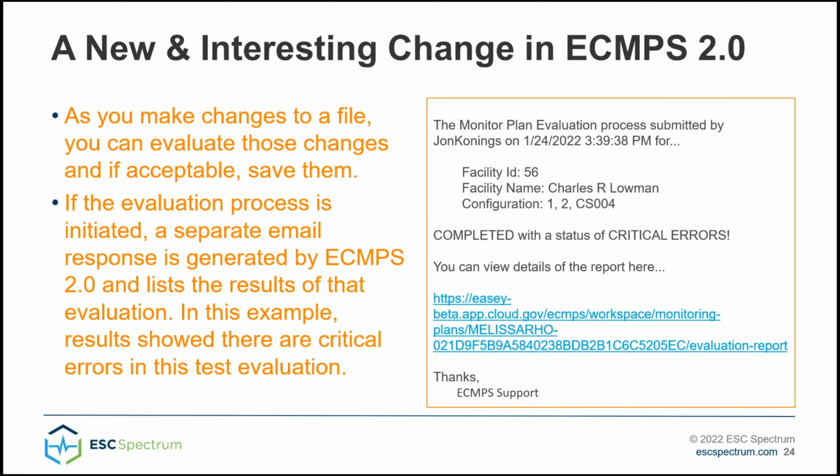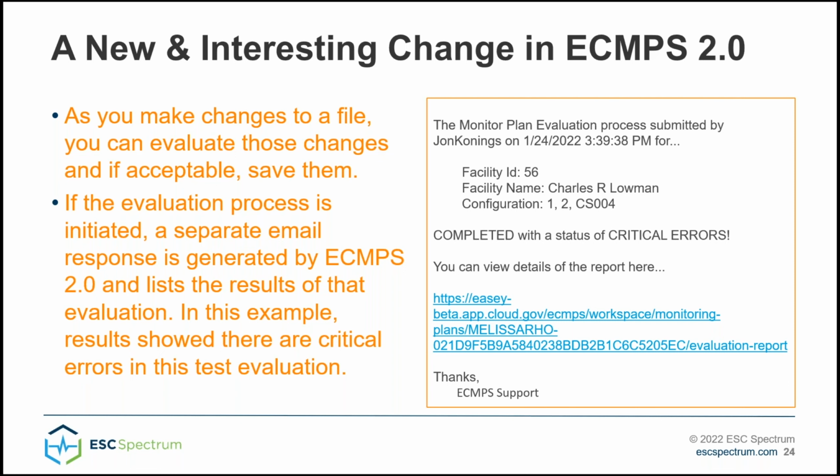As you make changes to a file, you can evaluate those changes, and if acceptable, you can save them. If you execute the evaluation process, a separate email response is generated by ECMPS 2.0, and it lists the results of that evaluation. For example, the copy of the evaluation email that I got back showed that there were critical errors.